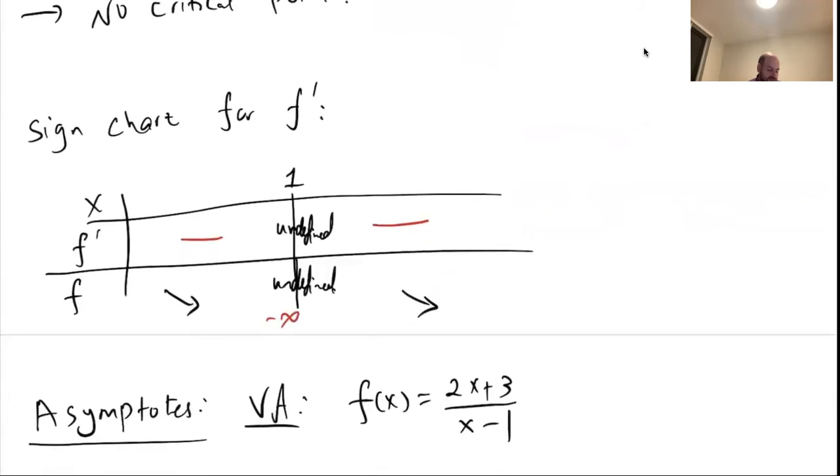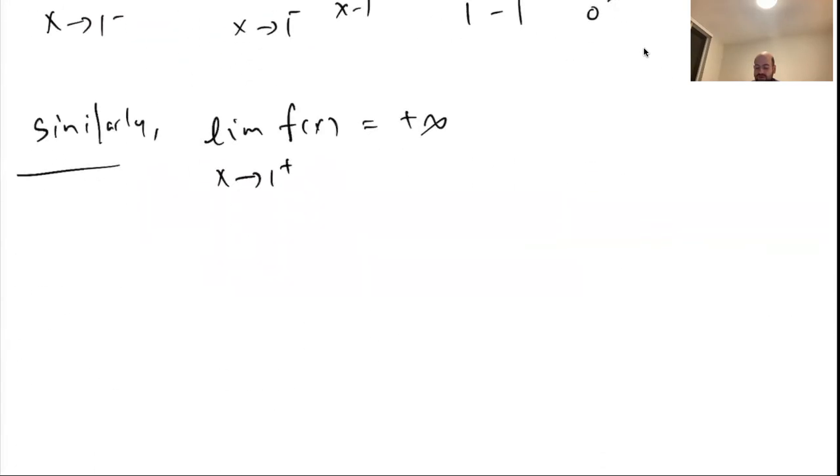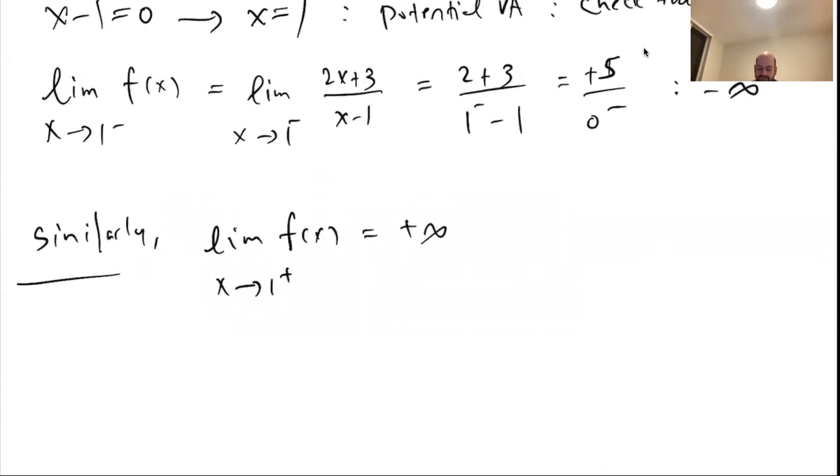Right after 1, the function starts from plus infinity and again decreases. So the function can decrease from positive infinity, that's okay, but it cannot decrease to positive infinity. So we had one vertical asymptote, x equals 1.